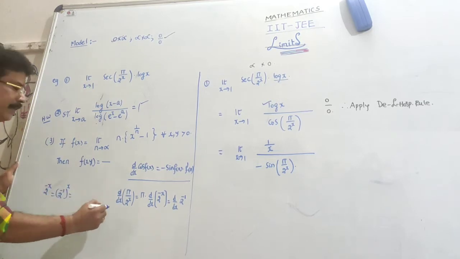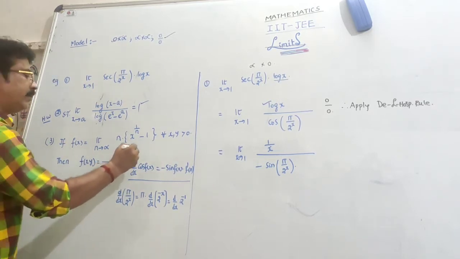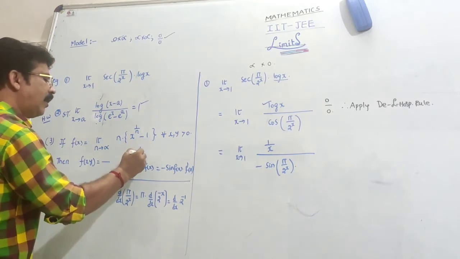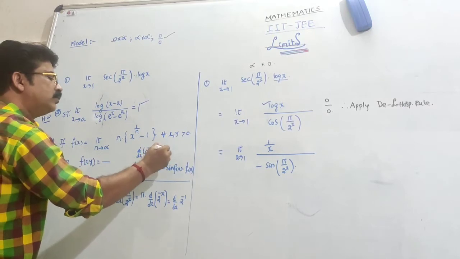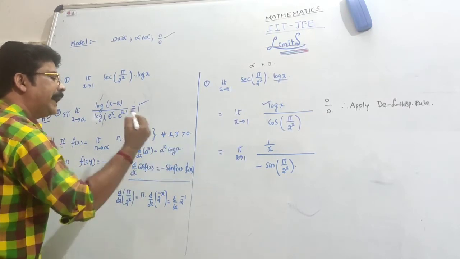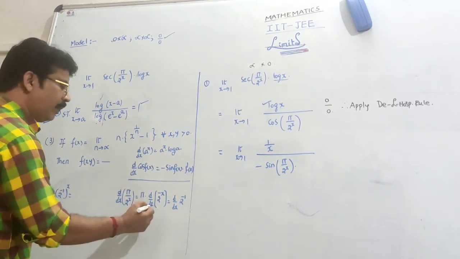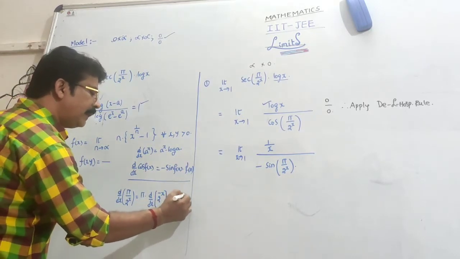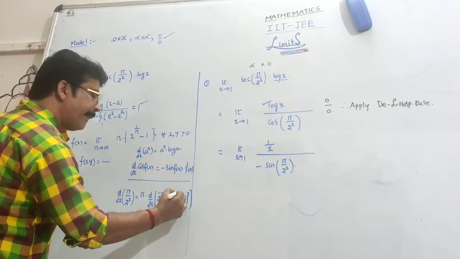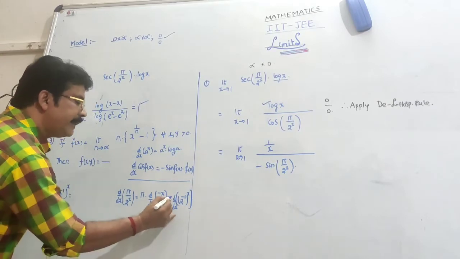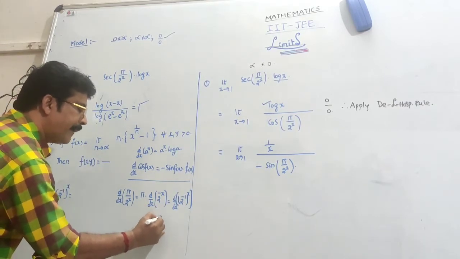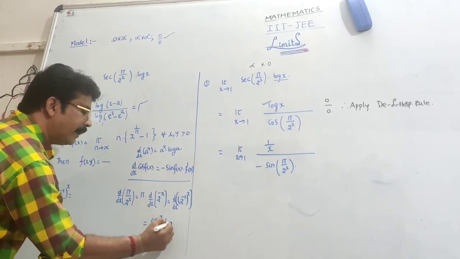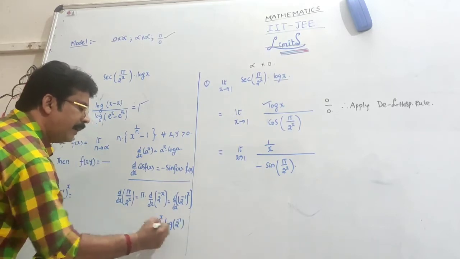So therefore we are using the d by dx of a power x formula, which is a power x into log a. So it is whole power x, that is d by dx of a power x into log a, where a is 2 power minus 1.